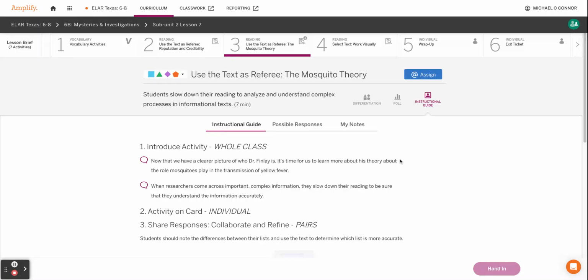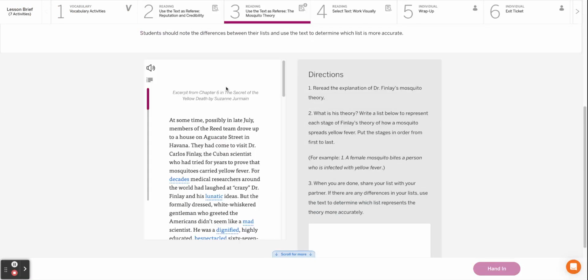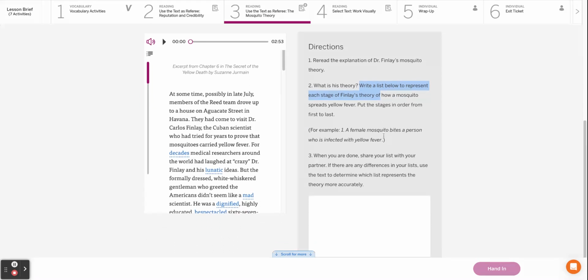Activity 3. You're going to read this to understand Dr. Finlay's theory about mosquitoes and yellow fever. So you're going to write a list below for each stage of his theory for how a mosquito spreads yellow fever. It's really important that you put the stages in order from first to last. Okay?